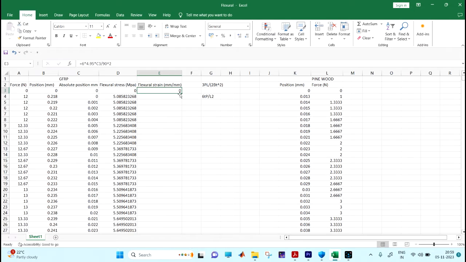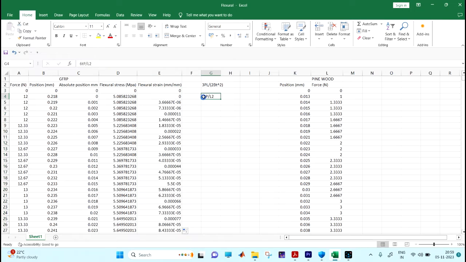Like this we have plotted the flexural strain. I am just changing it here, writing it as delta so that it will be easy to understand. So like this we have got the flexural stress versus strain. Similarly, we will plot for the case of the wood also, then we will plot it together.